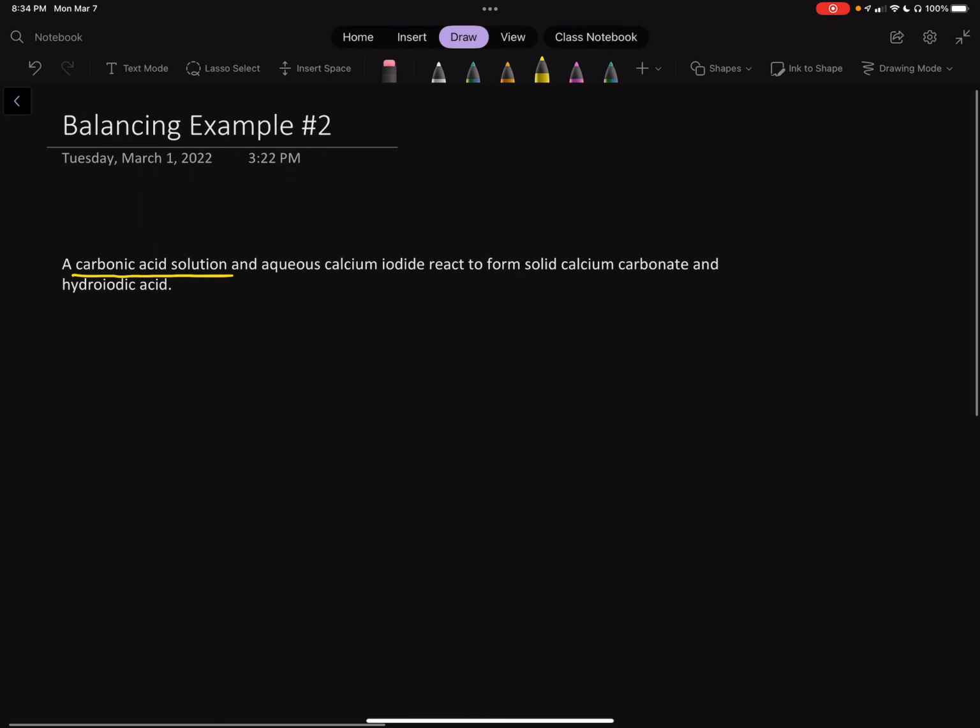So carbonic acid, that "ic" means that the polyatomic ion ended with "ate". So the acid nomenclature rule is "ate" turns into "ic". So that means carbonic acid must have been referring to carbonate, which is a polyatomic ion you need to memorize. It is CO3 2-.